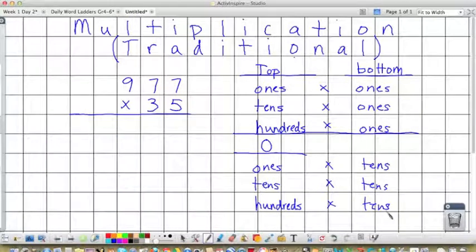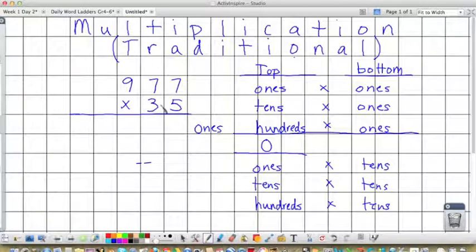One thing that we talk about at school is, how do we know how many rows of numbers we need to have? And it depends on how many digits we're multiplying by. So if it was just one digit that was in the ones place, our answer would just be on this line. But this is a 2-digit number we're multiplying by.